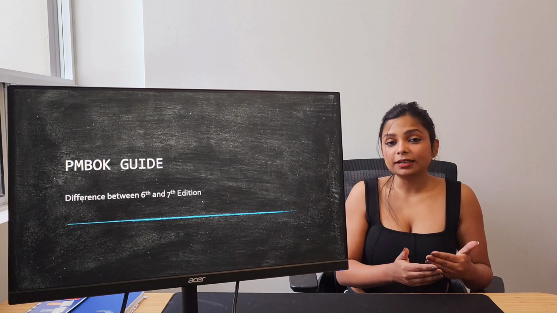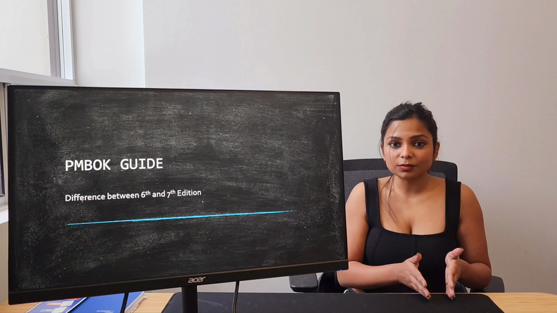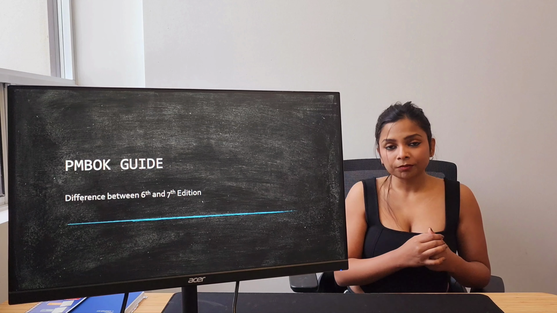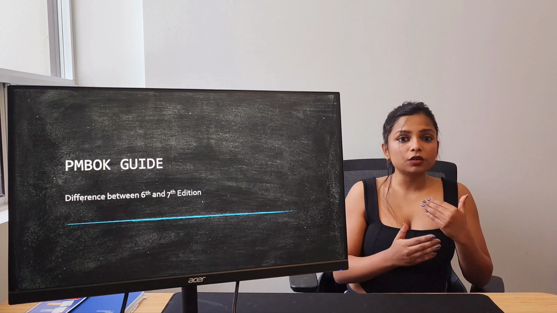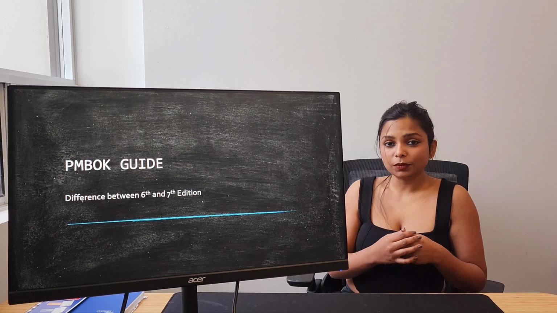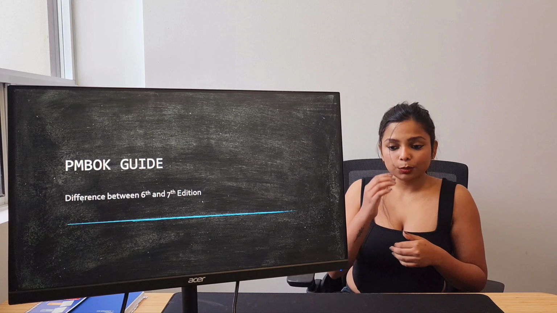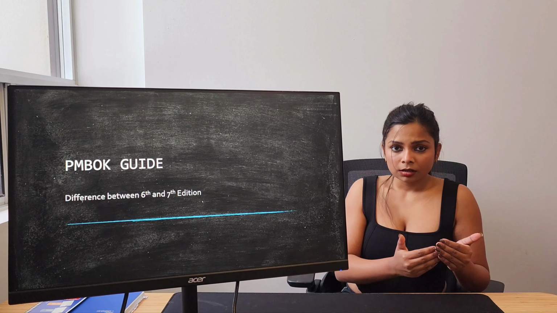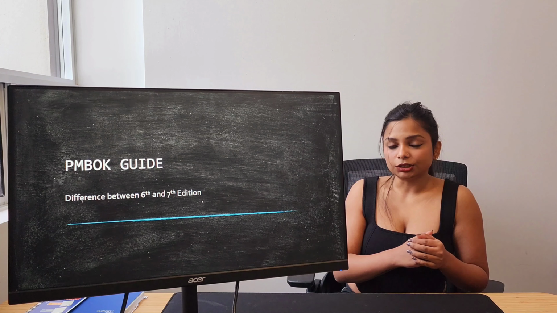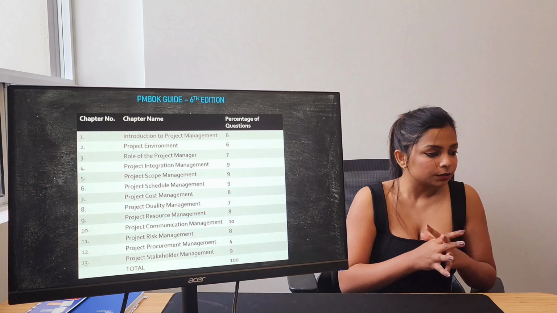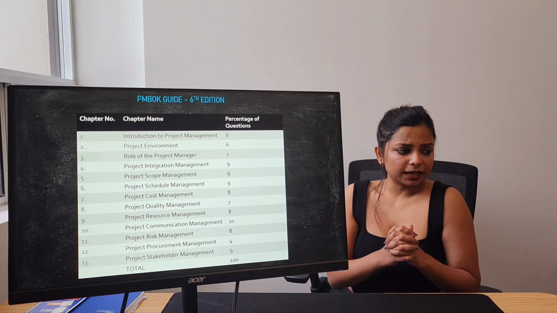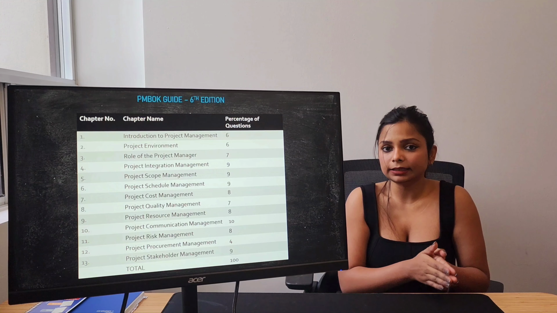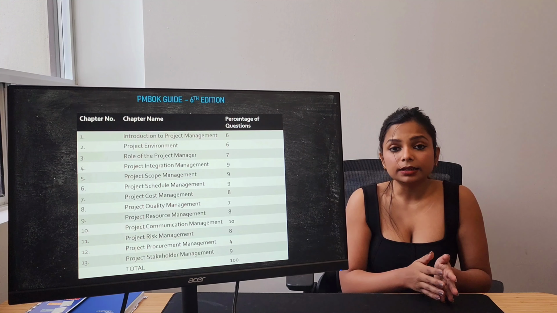Now, in the PMBOK Guide 7th edition, this concept has been removed. Instead of memorizing these ITTOs, the 7th edition is more focused on the project principles and the project domains. So this process-based approach has been removed from the PMBOK Guide 7th edition. In the PMBOK Guide 6th edition, we used to have a total of 13 chapters.